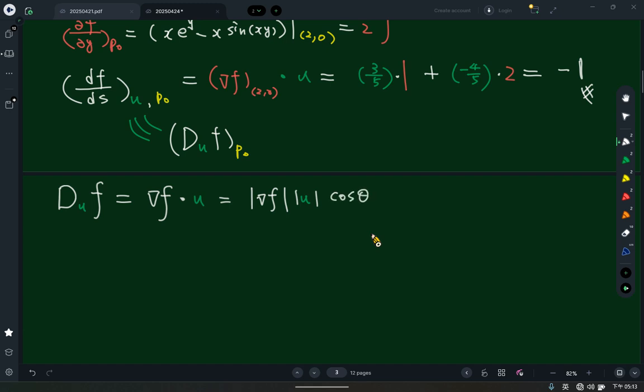times cosine theta, right? Did you remember I told you that if u is equal to u1 i plus u2 j, and v is equal to v1 i plus v2 j, when we talk about the inner product of u and v, that will be u's length times v's length times cosine theta, or u1 v1 plus u2 v2.